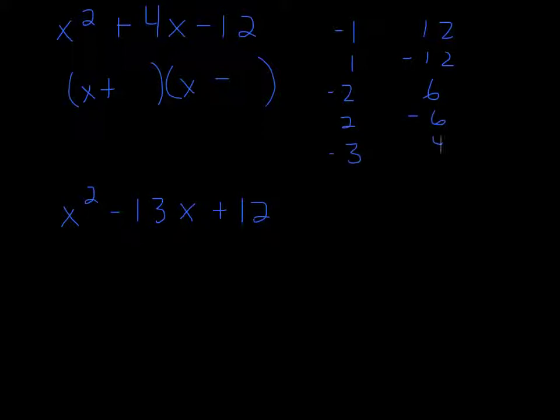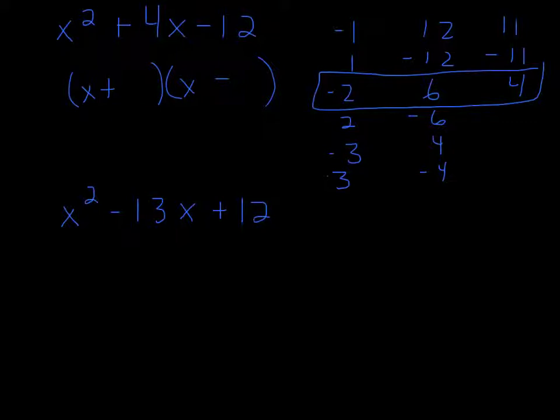Negative 3, positive 4, and 3, negative 4. Add them up, you get 11, negative 11, 4. Oh, there we go. We want the positive 4, right? So we're good right there. So we want our 2 to be negative and our 6 to be positive. And there you go. We're done.